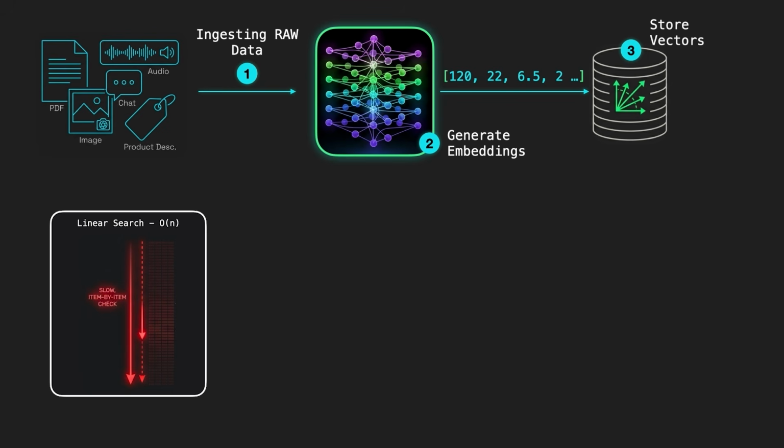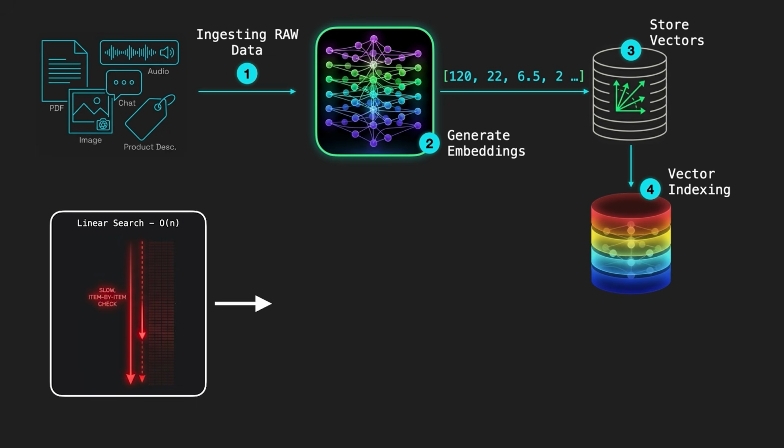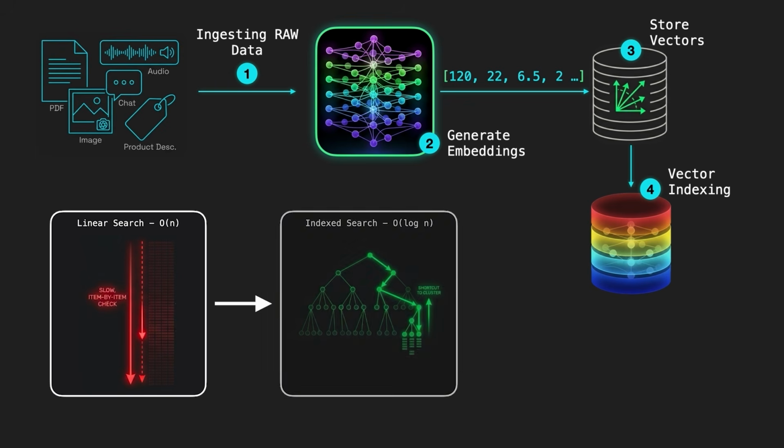because it's just a linear search. So to make search faster, at this point, the vector database under the hood performs vector indexing. And this is where the actual magic happens. So instead of scanning millions of vectors one by one, the database builds indexes using different approximate nearest neighbor search algorithms to make similarity search extremely fast.